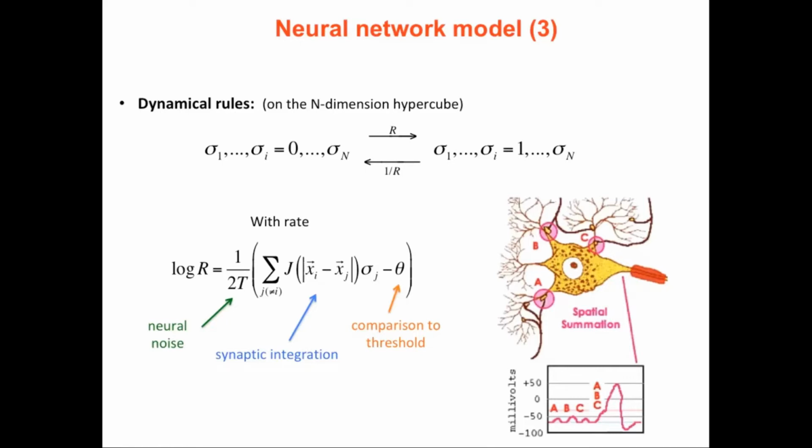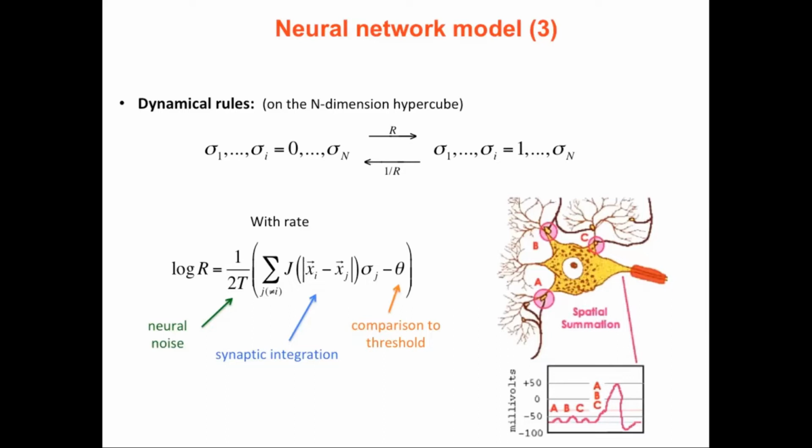So what is the idea behind this definition? If I look at what is going on in a time window of a few tens of milliseconds, maybe 10 milliseconds, then my postsynaptic neuron i is going to integrate all the presynaptic inputs from the other neurons j, weighting them with some synaptic coefficient Jij. And depending on whether this input current is above some threshold or not, the postsynaptic neuron i will emit a spike or not.